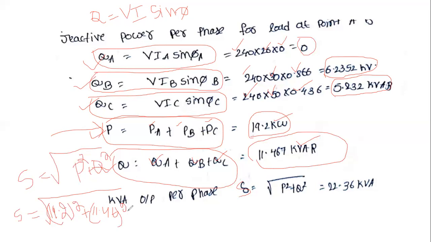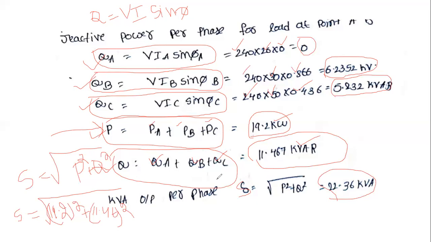Then the kVA output for phase is equal to 22.36 kilovolt amperes. This is the kVA output for the system.